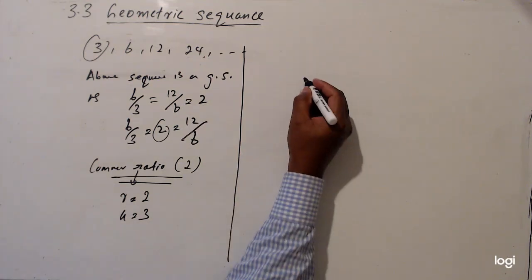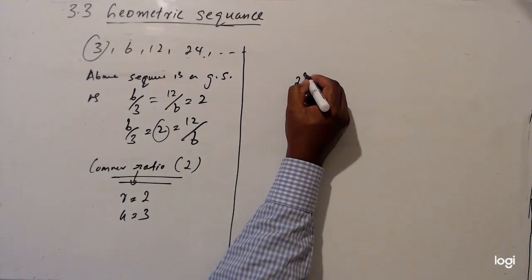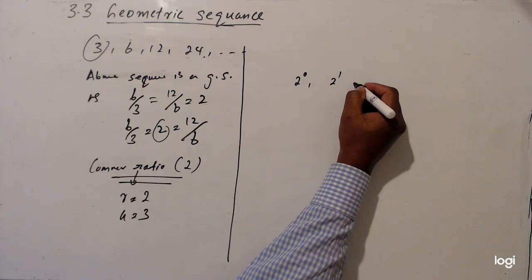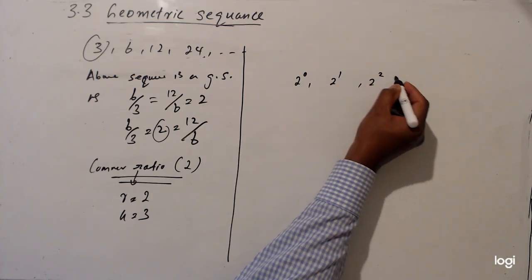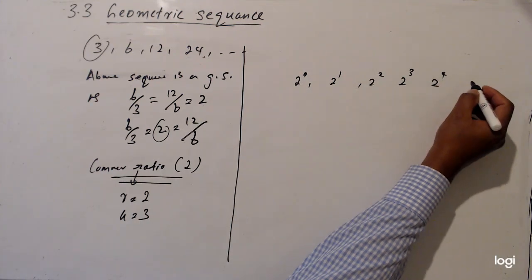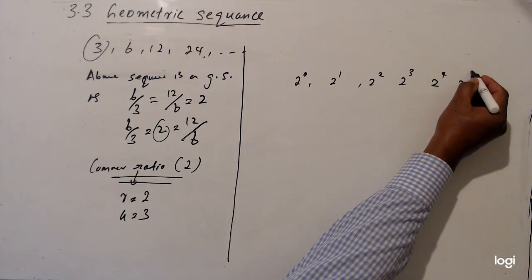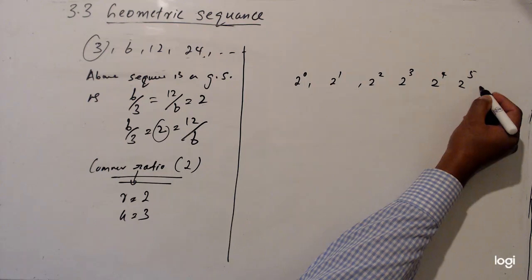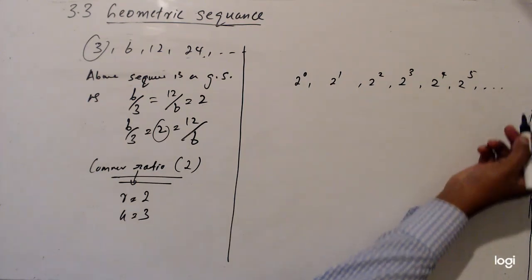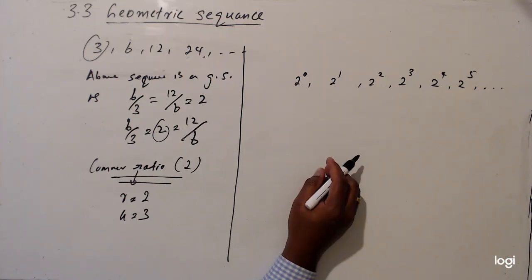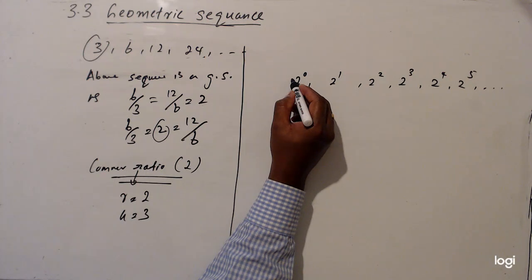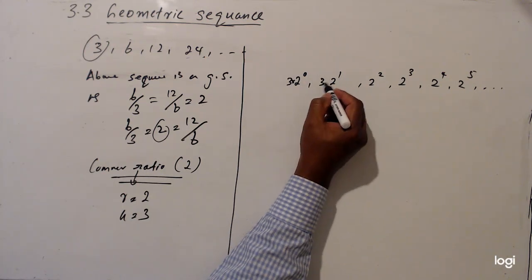First of all, 2 to the power 0, 2 to the power 1, 2 to the power 2, 2 to the power 3, 2 to the power 4, 2 to the power 5, dot dot dot. We can extend, and then we have to multiply this term by the first term.